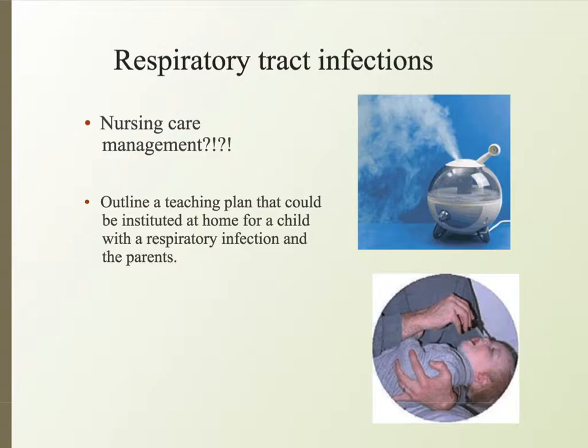We also need to make sure we're keeping these children with great hydration and nutrition. So what are some things we could do as an intervention to ease the respiratory effort? Cool or warm mist humidifiers may be a possibility. This soothes inflamed membranes.